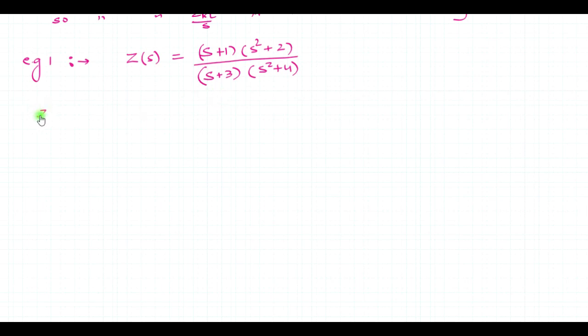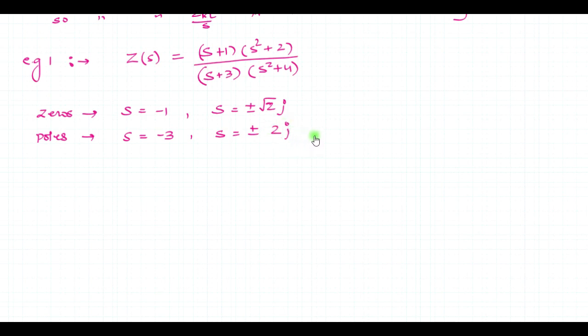Let us calculate the zeros first. Using this, the zero will be lying on s equal to minus 1, and using this I will have two zeros which will be lying on plus minus root 2 j. Similarly, the poles will be, using this, I will have a pole lying at minus 3, and using this I will have two poles which will be lying on plus minus 2j.